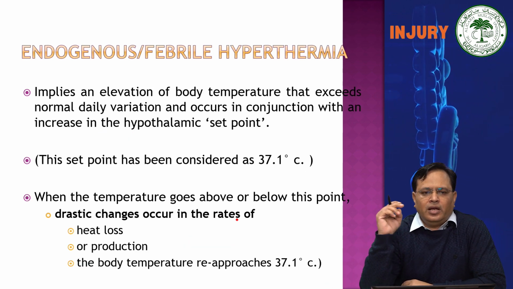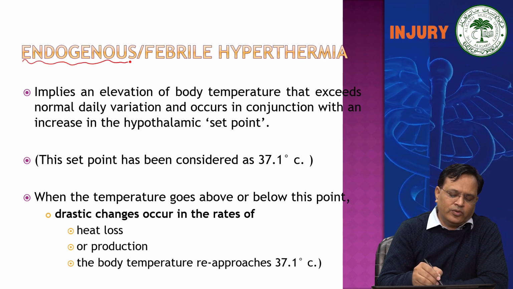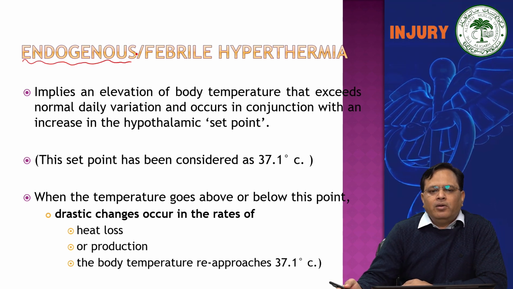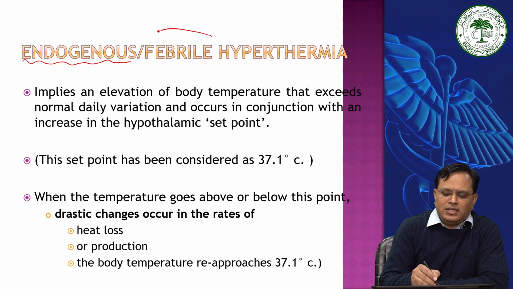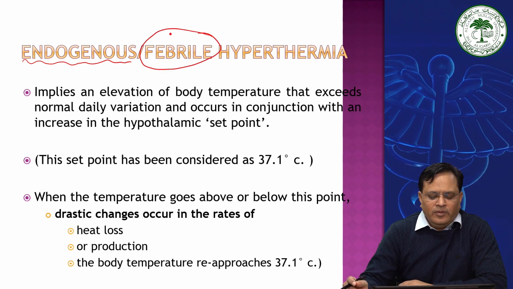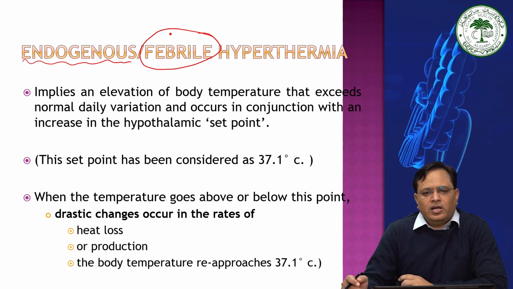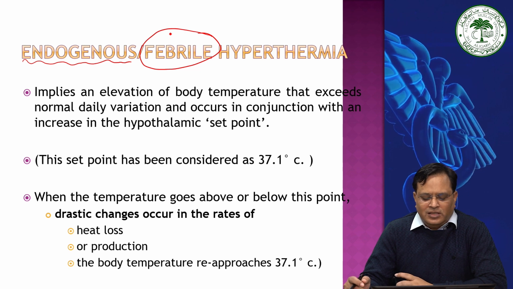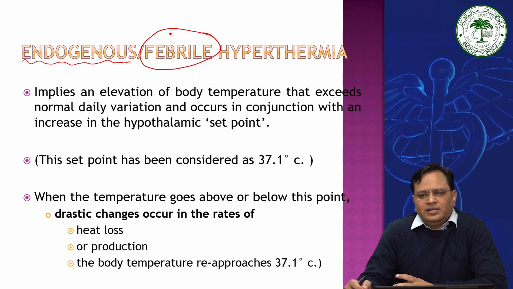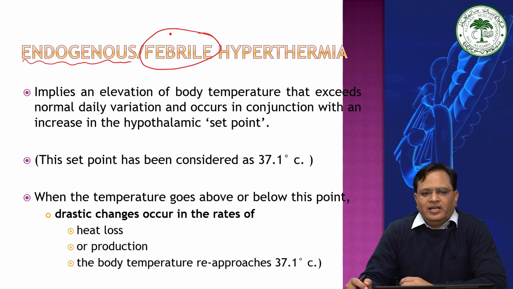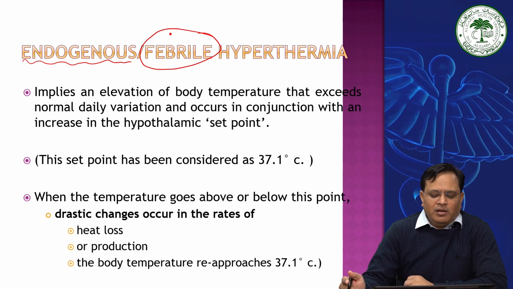Endogenous febrile means it is within the body, due to some factors within the body which are causing febrile hyperthermia. That means there is an increase in the temperature within the body, not due to any external factor. It implies an elevation of body temperature that exceeds the normal daily variation and occurs in conjunction with the hypothalamic set point.